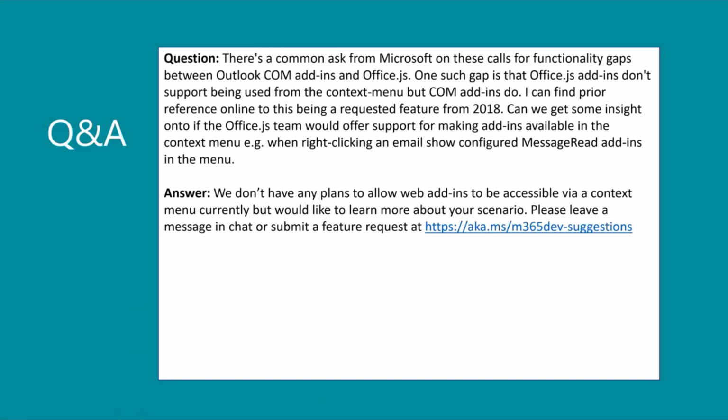The answer is that we don't have any plans to allow web add-ins to be accessible via a context menu currently, but we would like to learn more about your scenario. If you are in the call, please leave a message in chat, or you can submit a feature request at this link. This is the feature request forum of Office add-ins.